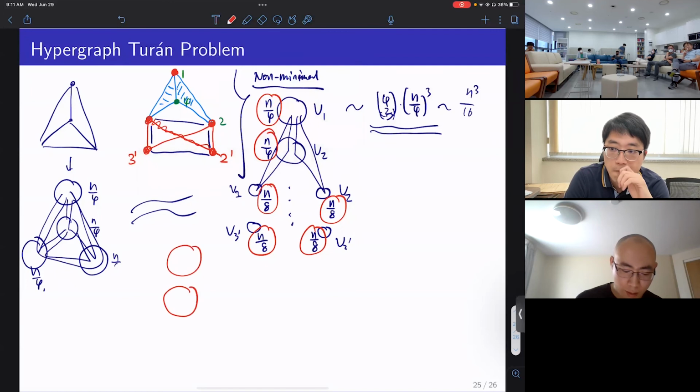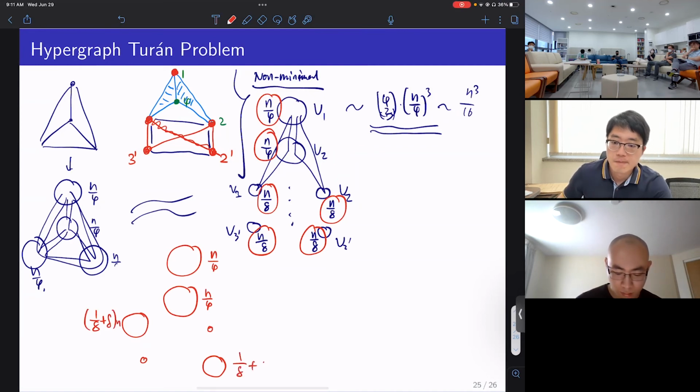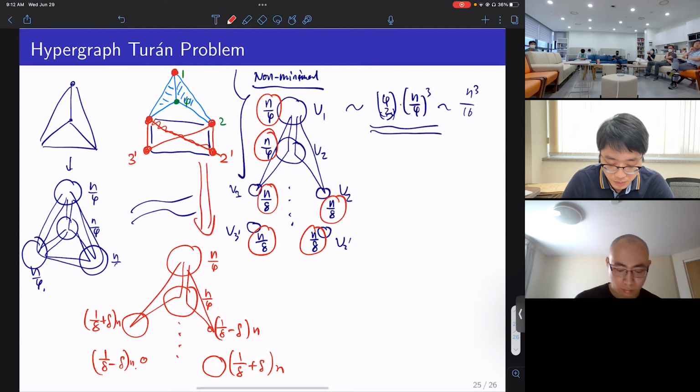So you will blow up in the following way, and you still have the same number of edges. This can be plus delta. So if you blow up the 6-vertex 3-graph in the second way, you still get this many edges.